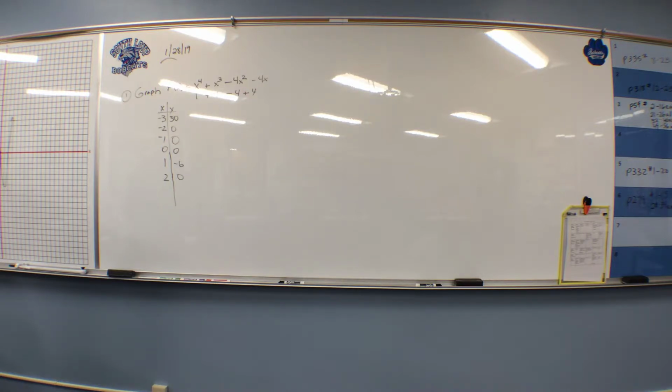This problem for locating zeros is called the location principle. The location principle is what I said before. If there's a value above the x-axis and a value below the x-axis, it has to touch the x-axis somewhere between those two values. Right? That makes sense, doesn't it? Mm-hmm.